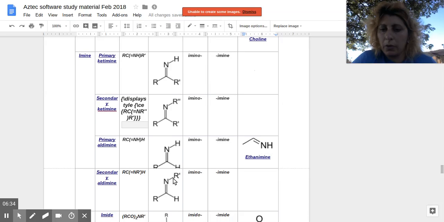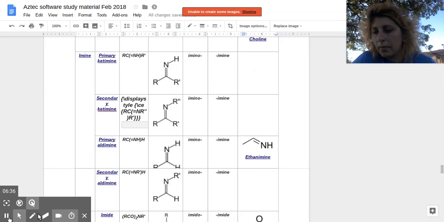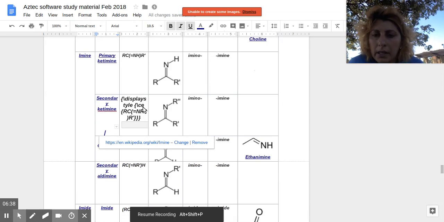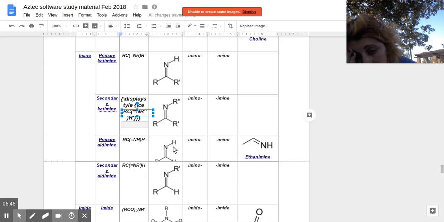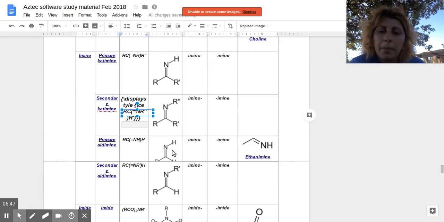So three R groups total. Alrighty, and then aldimine, it's the same. So carbon double bound nitrogen, you have two hydrogens, one R group. Secondary, two R groups.